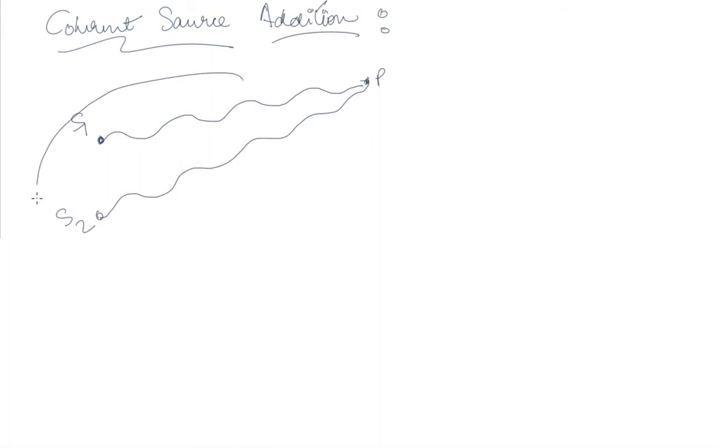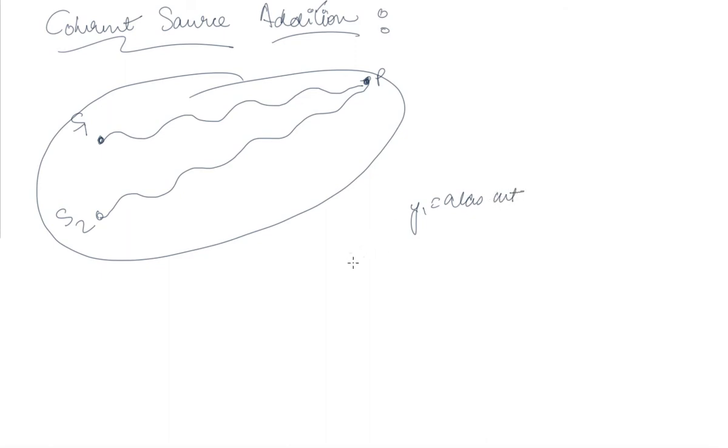So we know that at this point, say suppose for the source S1, let Y1 equal A cos omega t. Let the wave equation for the source S2 be represented as Y2 equals A cos omega t.